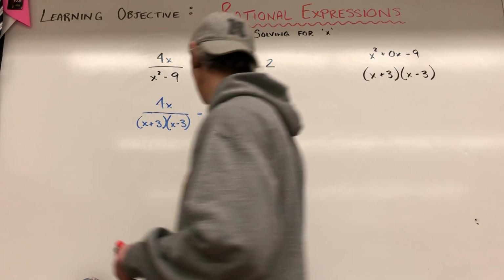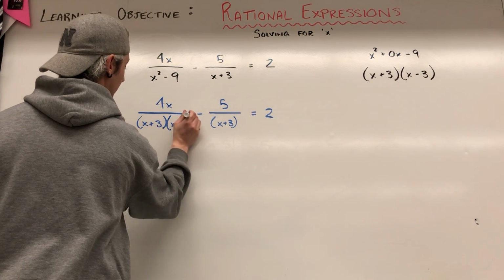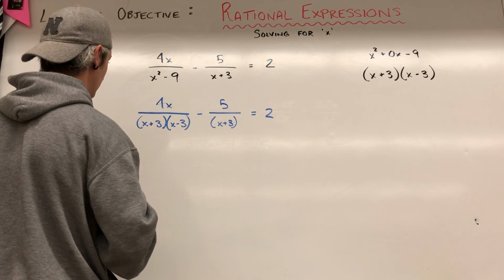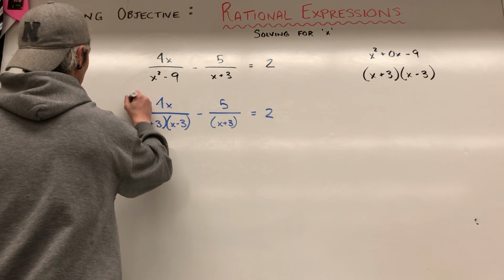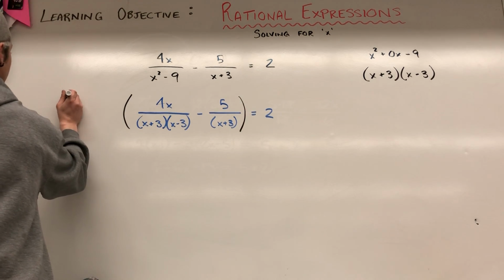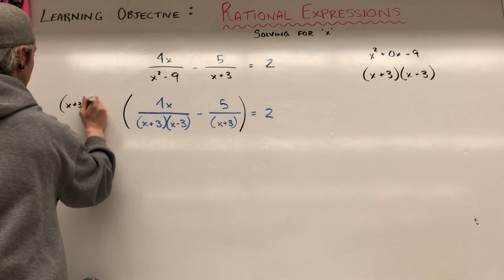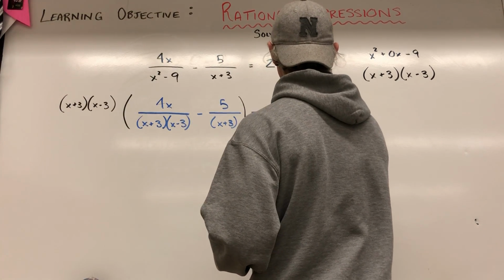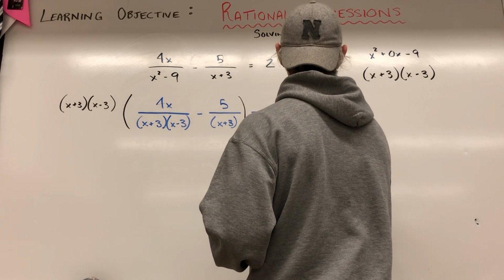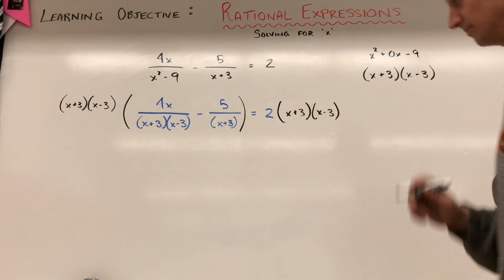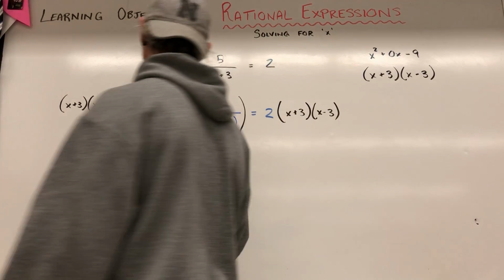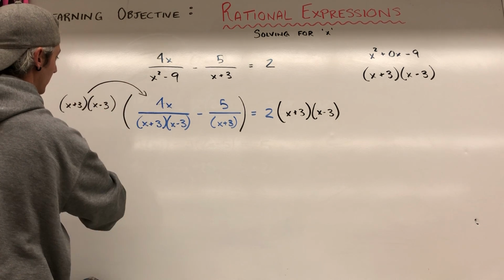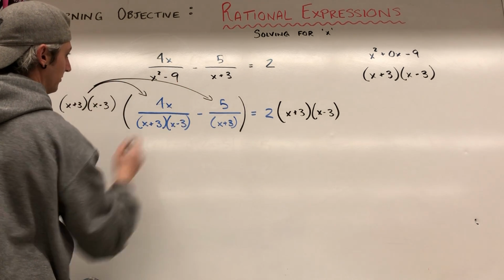So in the last situation, I multiplied both sides by x plus 3. Now, both sides I'm going to multiply by the lowest common denominator, which is x plus 3, x minus 3. I'm going to do that here too. So when this happens, it is going to multiply with the 4x and with the 5 there.